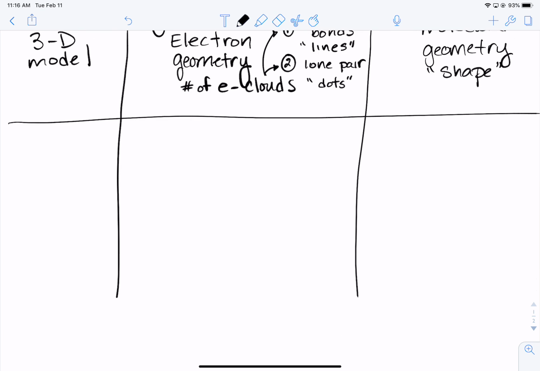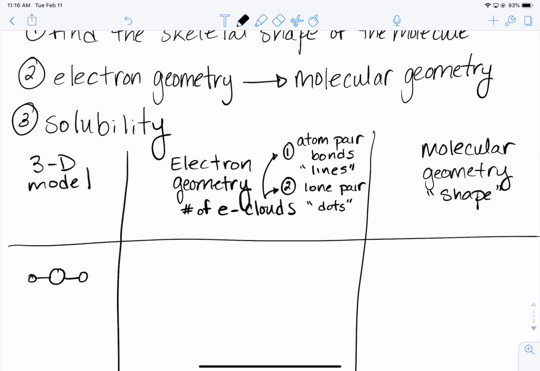All right, so the very first one is called linear. It looks like this. Here's the 3D model. It's a central atom with 2 things on either side, kind of like carbon dioxide. This thing has 2 electron clouds. Actually, it's got 2 things bonded to it.